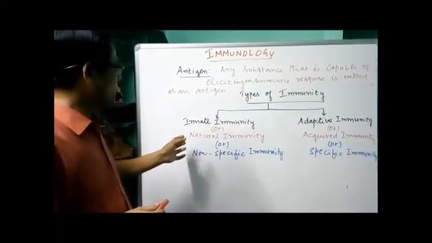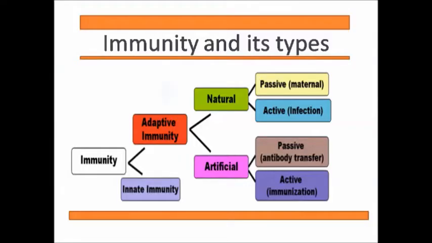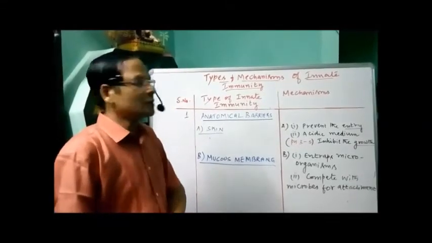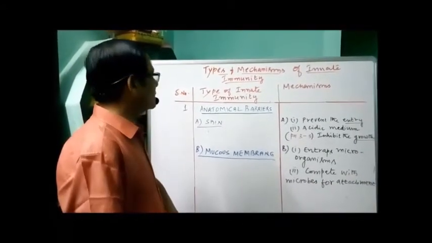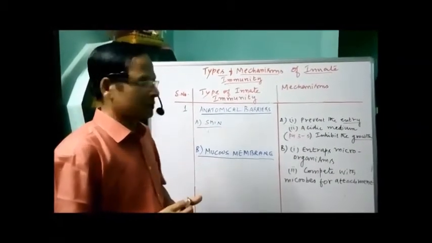Now we have to go for the types and mechanisms of innate immunity. Generally we can say innate immunity includes four different types of barriers.